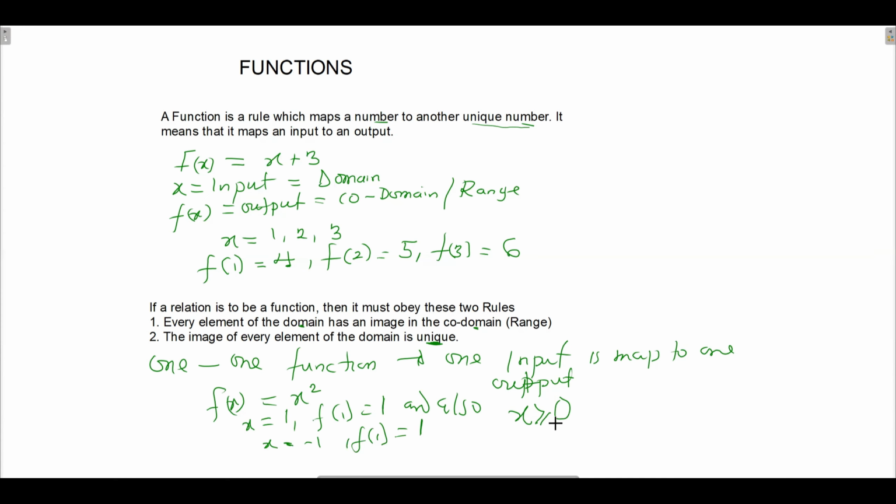So at this point, I've restricted my input. Now that x is greater than or equal to 0, I can only put in x equals 0, 1, 2, or 3. By putting this, you see we have a different output for each input. That's what you can refer to as a one-to-one function. But generally speaking, a quadratic function is not a one-to-one function.